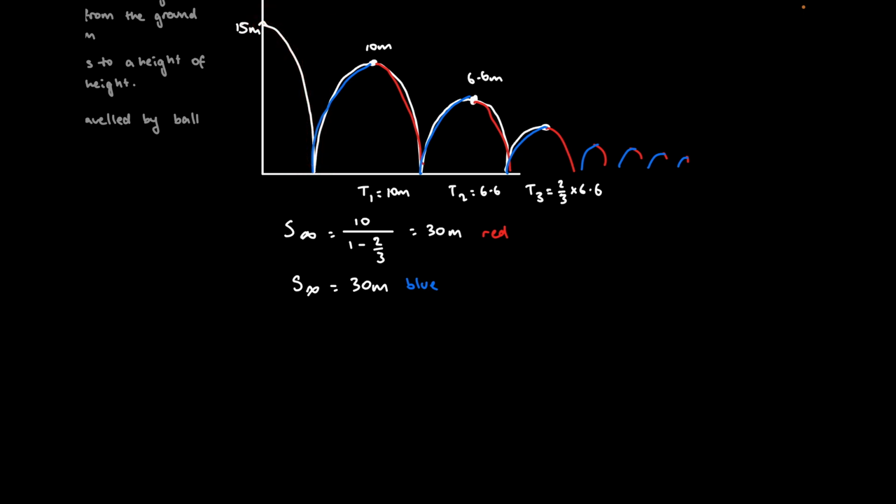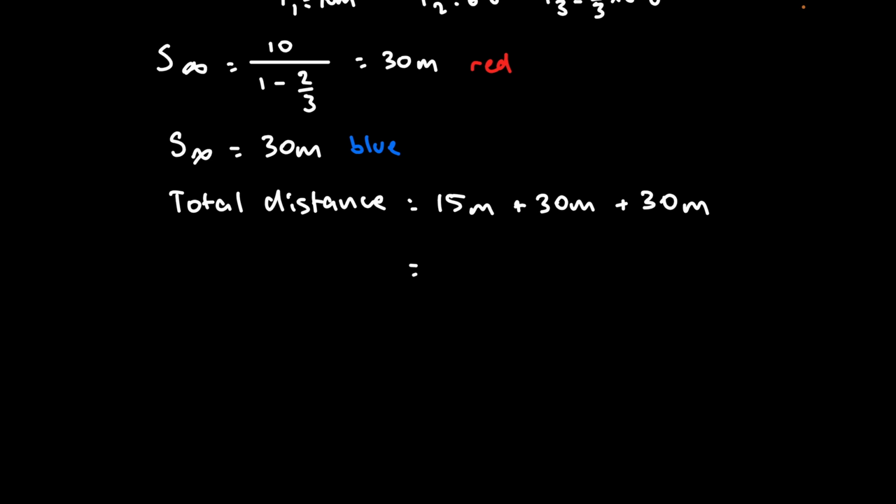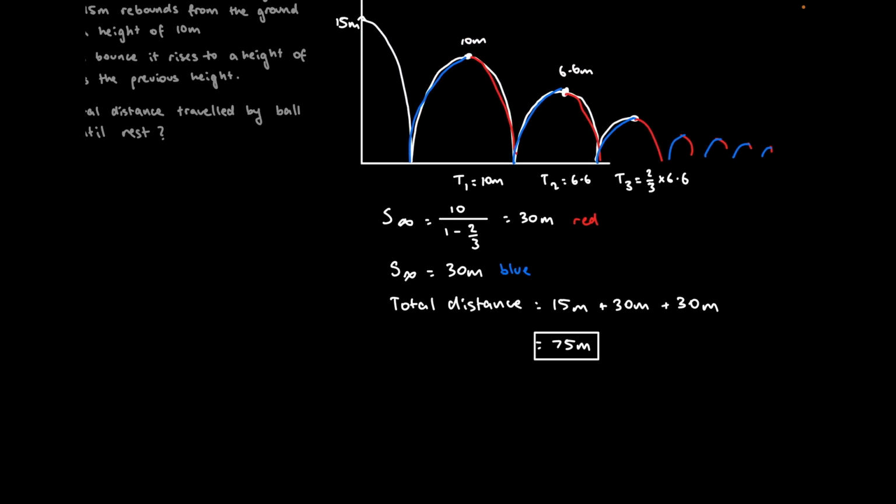So that means the total distance that we have actually traveled along this ball is going to equal the initial 15 meters when we dropped it, plus the 30 meters that we gathered from the infinite downwards path of the ball, plus the 30 meters traveled by the infinite up path of the ball for each rebound. So if you work this out, the total distance traveled is simply going to equal 75 meters. So this is what the total distance traveled by the ball will converge to, and this is how infinite geometric series work.